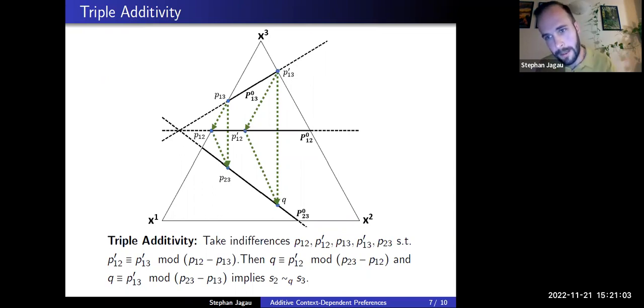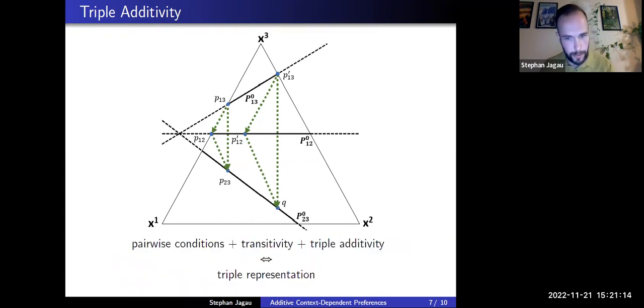And that's going to have to allow us to conclude that this additional belief Q has to be a 2, 3 indifference belief. That turns out to be necessary and sufficient, together with transitivity and the pairwise comparisons, for a triple representation, also with strictly dominated acts, weakly dominated acts, you name it, as long as we only have 3 acts.